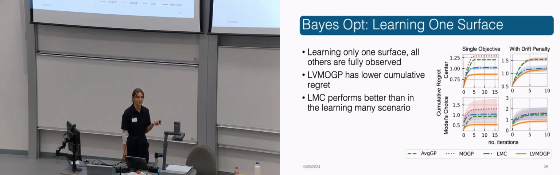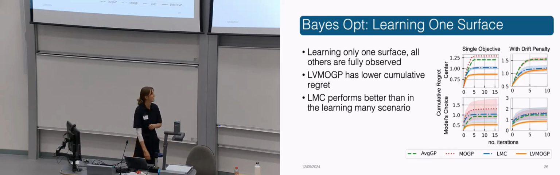These multi-output models modeled the rate pretty well, but the drift was difficult because there was an order of magnitude difference in it. Sometimes the drift penalty was actually harming the optimization because it would think that a certain region was bad when actually it was fine. So I think that's why it's worse.